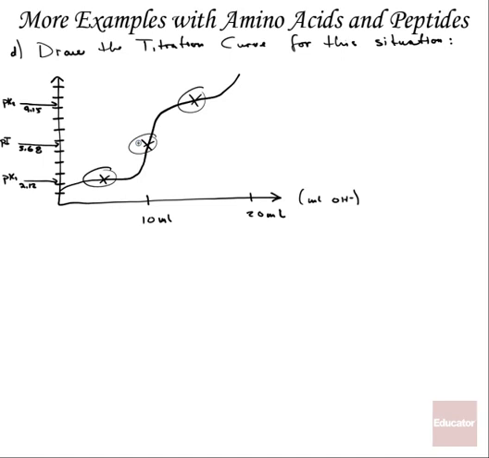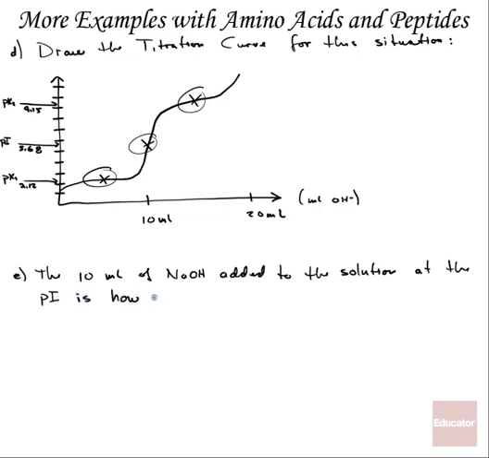Okay, let's see. E. The 10 milliliters of NaOH added to the solution at the pI, so the 10 milliliters to bring it to the pI, is how many equivalents?